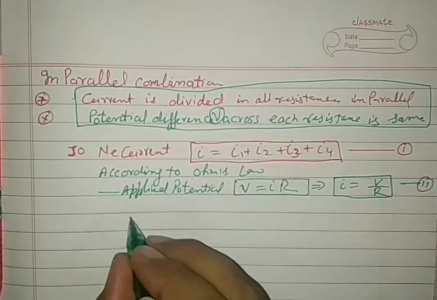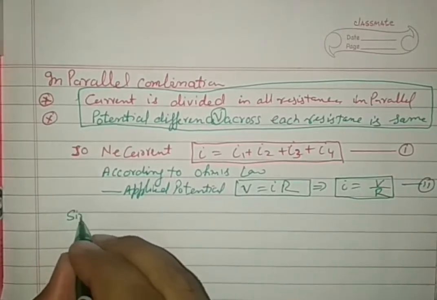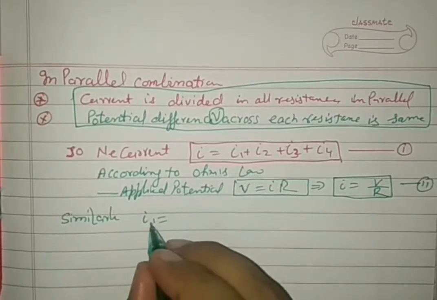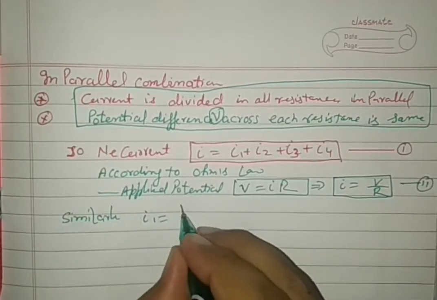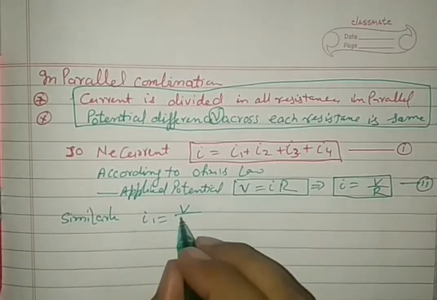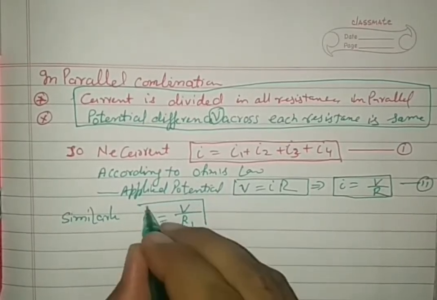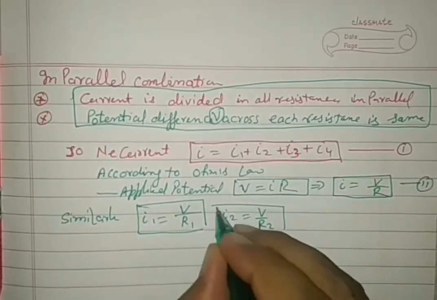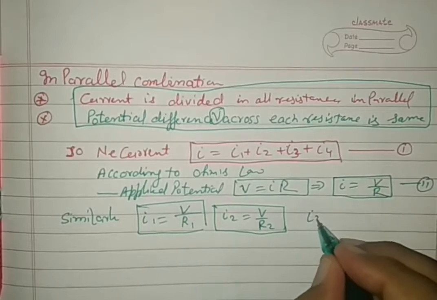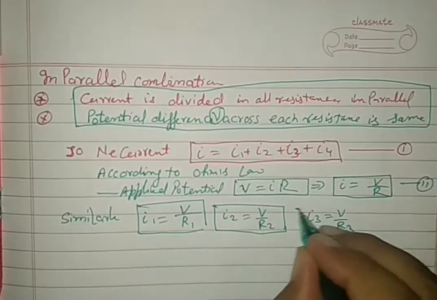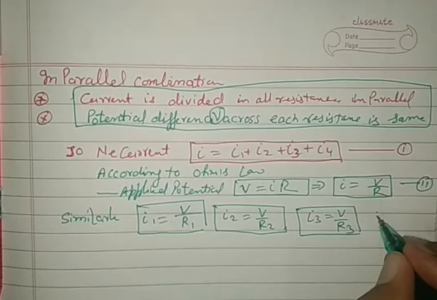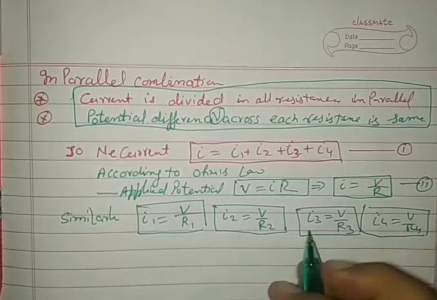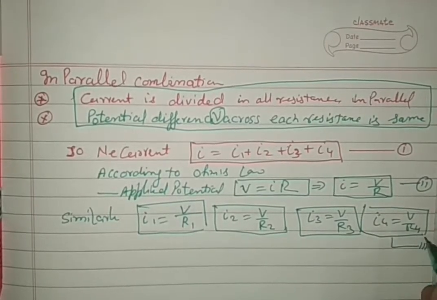Now see, similarly, I1 is equal to V by R1, by Ohm's law, the current flowing in the first resistance R1. I2 is equal to V by R2, I3 is equal to V by R3 and I4 is equal to V by R4. Let this be combined equation 3.